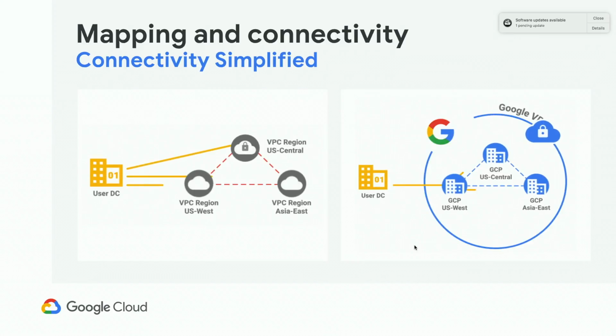And in addition to all that, you can just connect from your data center through a single point, in this case GCP US West. When you connect to the POP associated to the US West region, you automatically get access to the private Google network that can then access, using the Google network, all the resources and deployments globally.